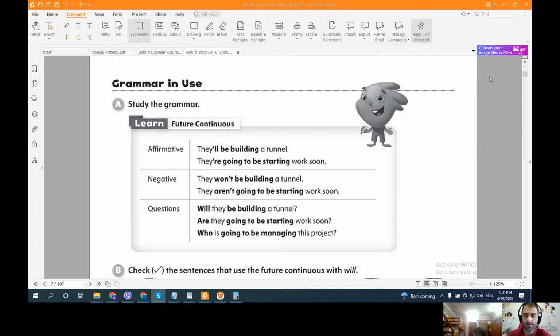They will be building a bridge at this time next week. Okay, and the negative? They won't be going to Africa next month. Okay, very nice. That is really nice.